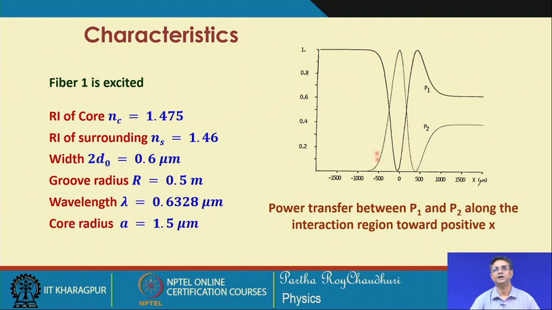So, this is again a periodic exchange of power between the two fibers through evanescent coupling in the region of interaction. So, P1 and P2 are along the interaction region towards the positive x direction, which is along the length of the fiber.